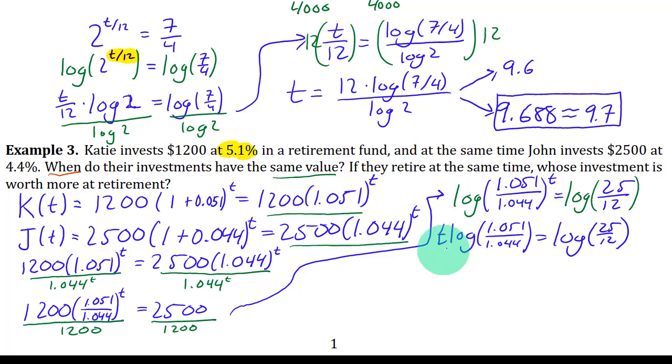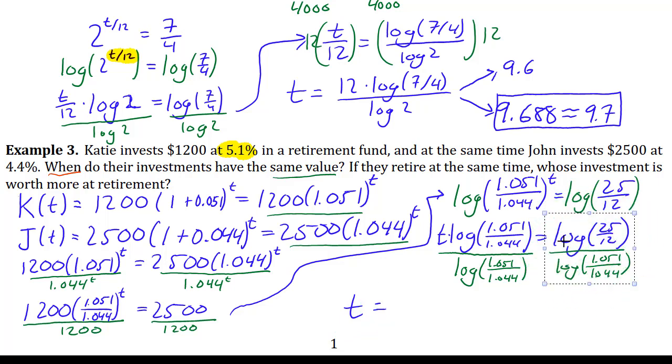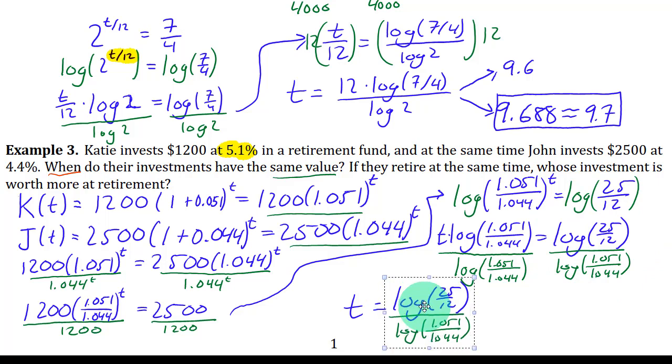All right, now you want to get the t by itself, so divide both sides by this logarithm. Because right now you just have multiplication, so you can just divide by this messy number. Should have left more room for this problem here. And you're going to get t is all of this after it cancels out on one side.